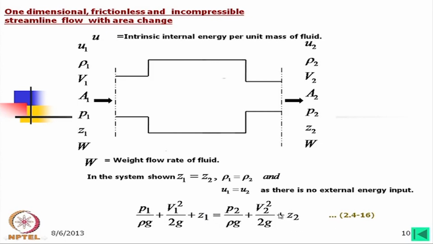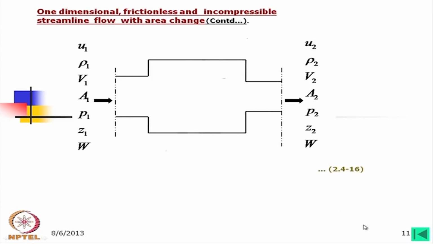Now, this is the very well known Bernoulli's equation, and with this equation we will see next what will be the changes if we now add some energy. As I have told, this is frictionless, that means there is no friction between the fluid and the conduit.